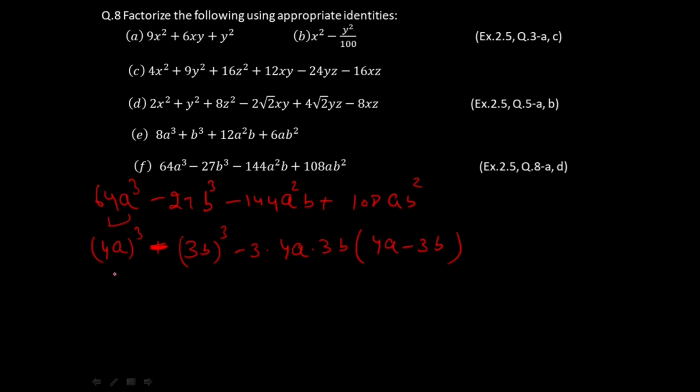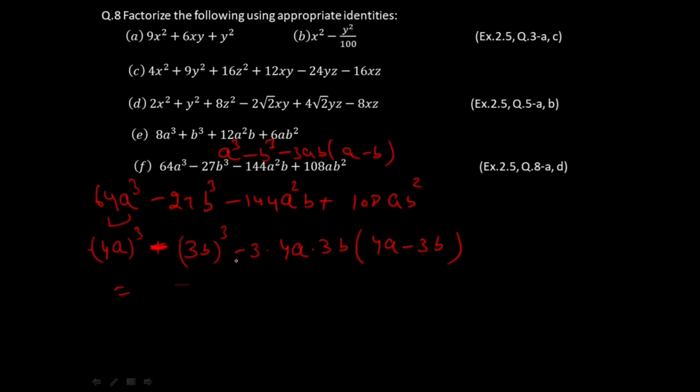Okay, let's write the identity over here. A cube minus b cube minus 3 times ab, a minus b. So can I write this whole question in that way? Yes, if you calculate this whole thing, you will get the same thing. It means I can rewrite this whole thing in that way.